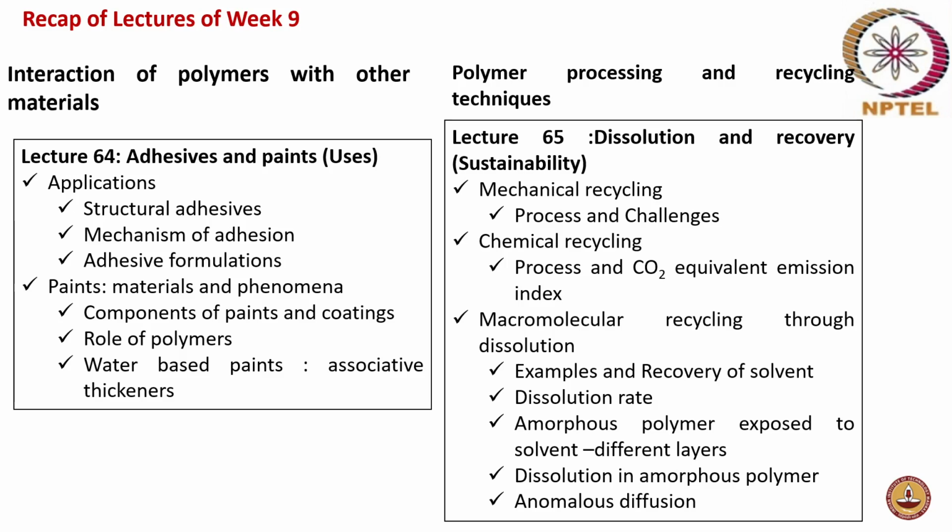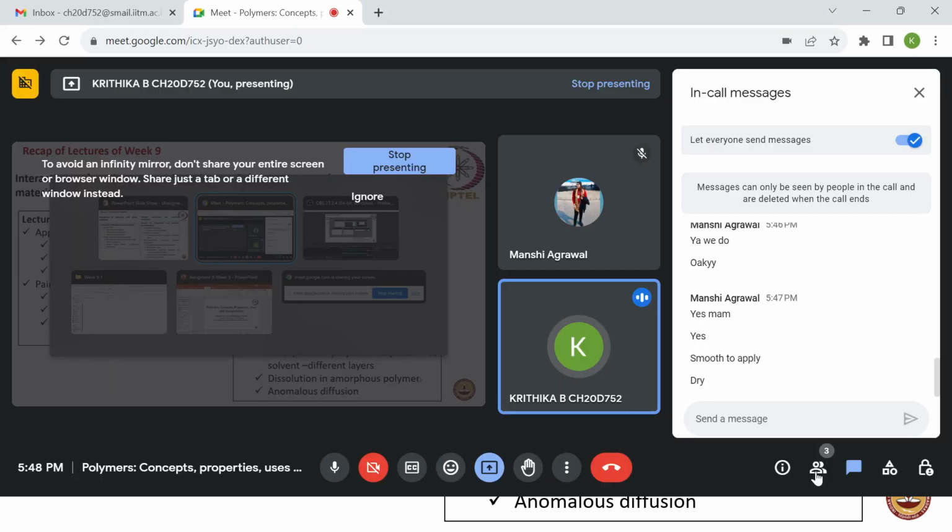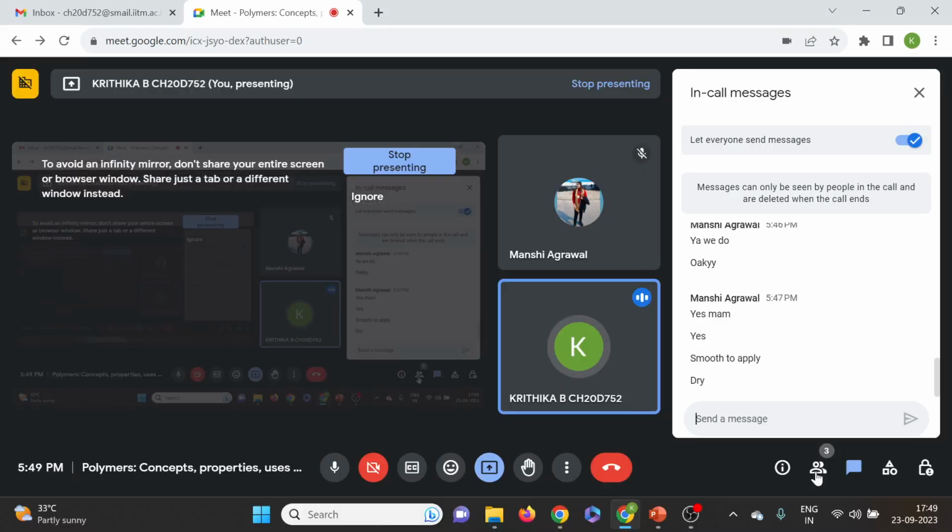What do you think some of the challenges would be in the case of mechanical recycling? For example, you have a polymer, you start mechanical recycling and just keep on recycling it. So there are several challenges involved. One of them is the degradation of polymers during their service life.